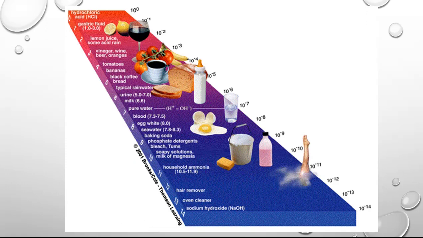Pure water, you can see here, is neutral, with a pH of 7. And you have egg, seawater, baking soda, and most cleaning materials, which are considered basic substances.